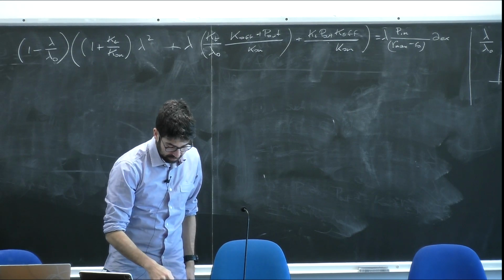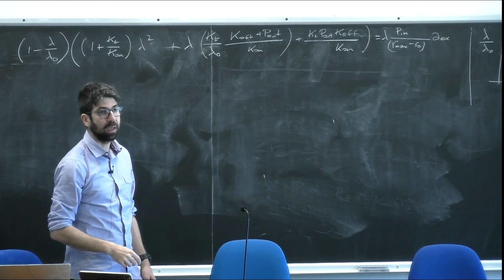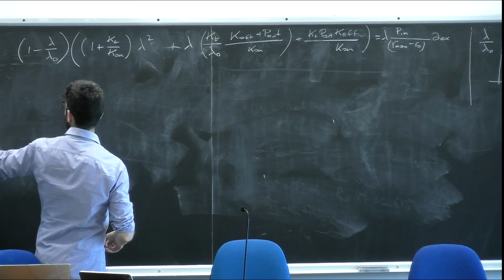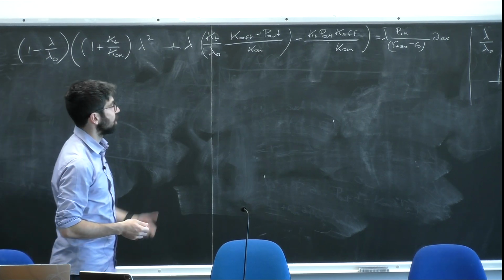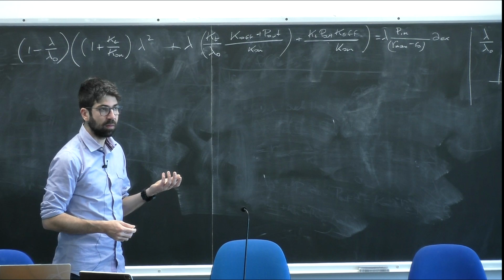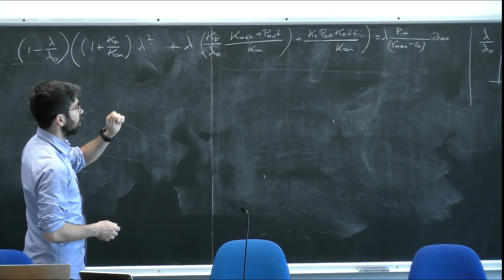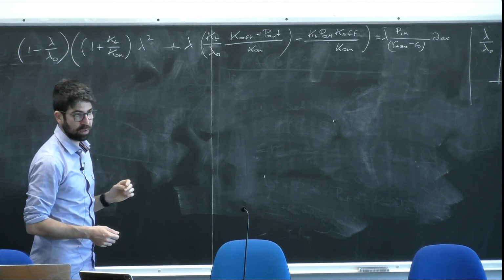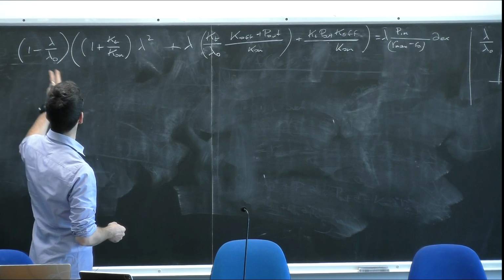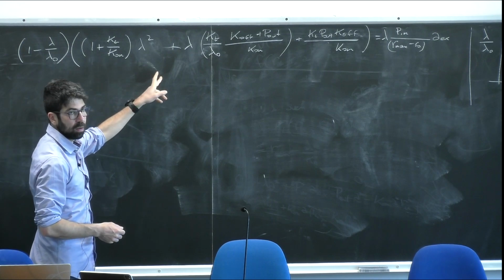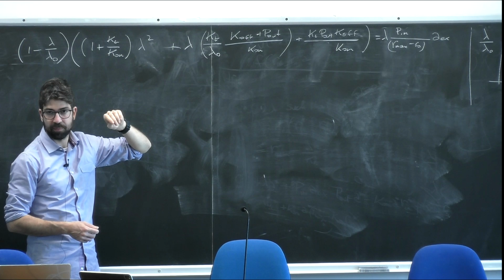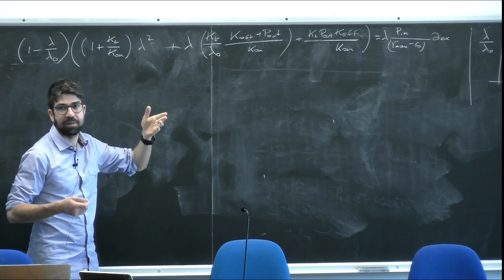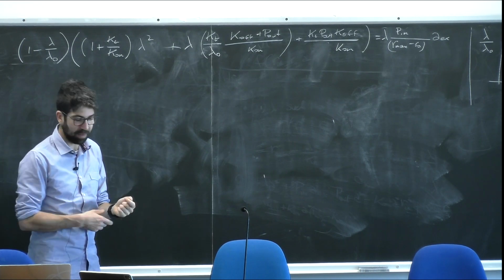Basically when you remove all the other terms you have all the solutions. Now what you see is that this equation depends on all the parameters that we had. So it depends on the rates where you go in and out and the external concentration. You also see that this is a cubic equation in lambda, so it's not super easy to solve, it's not something that you can solve with pen and paper.